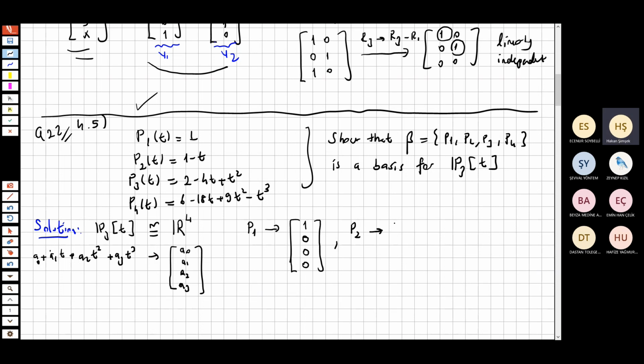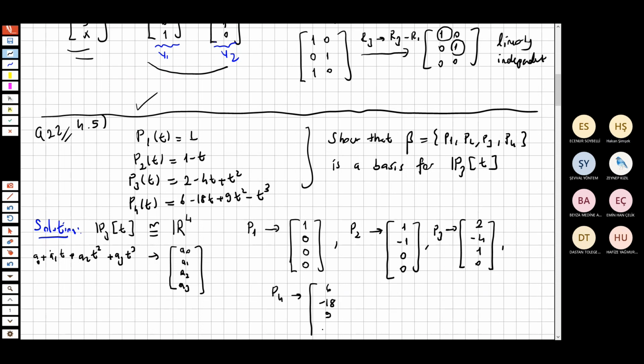For P2, 1, minus 1, 0, 0. For P3, 2, minus 4, 1, 0. For P4, 6, minus 18, 9, minus 1.